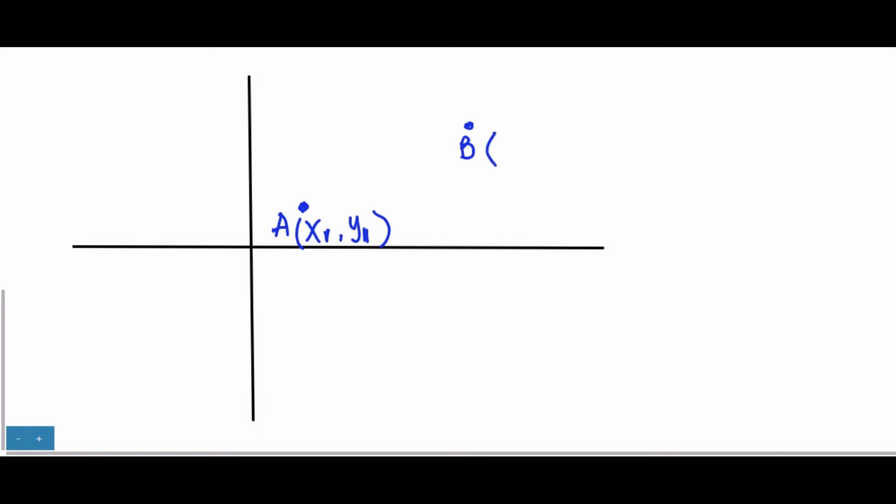While for B, let's say this is x sub 2, and this is y sub 2. Now, if we connect these 2 points, we will be able to form a line. And you see, the slope of the line is also evident in our illustration. But how are we going to solve for the value of the slope of this line? So let's find out.